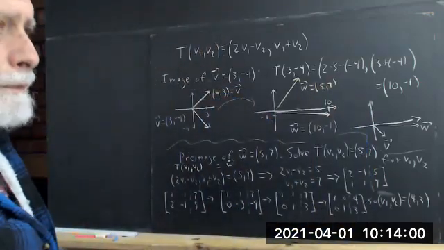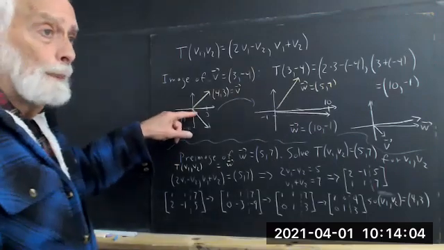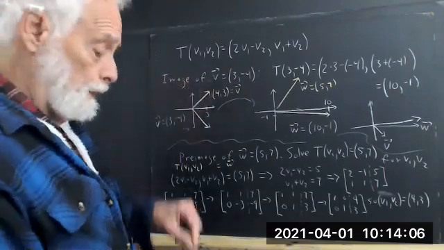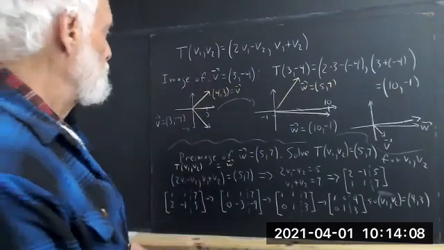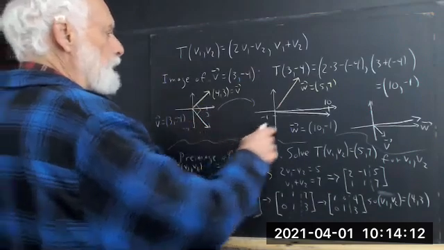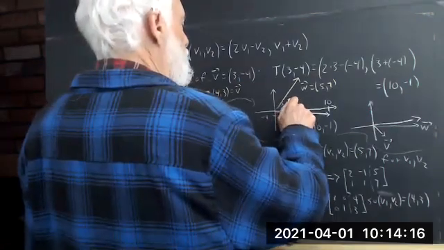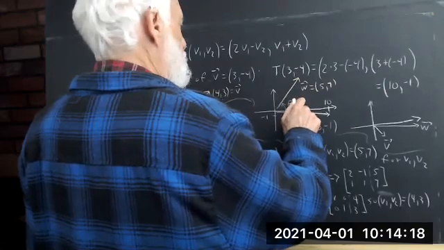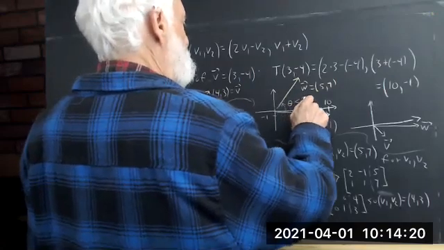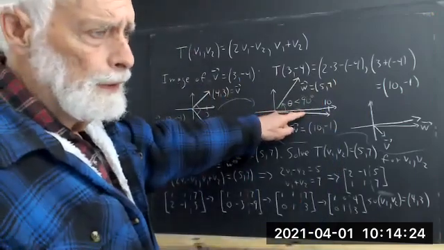Now note a couple of things. These vectors just happen to make a right angle, which is sort of convenient. Okay, this is a right angle. This angle is less than 90 degrees.